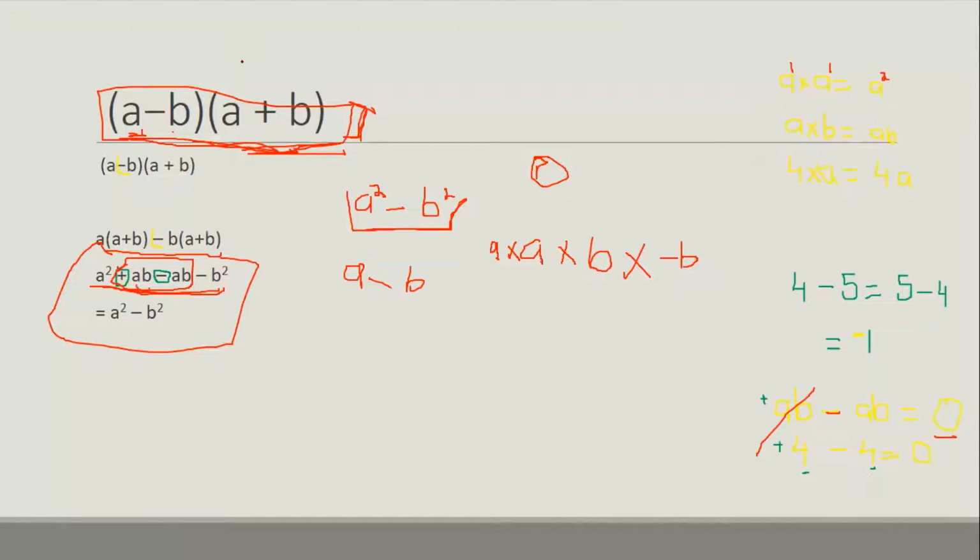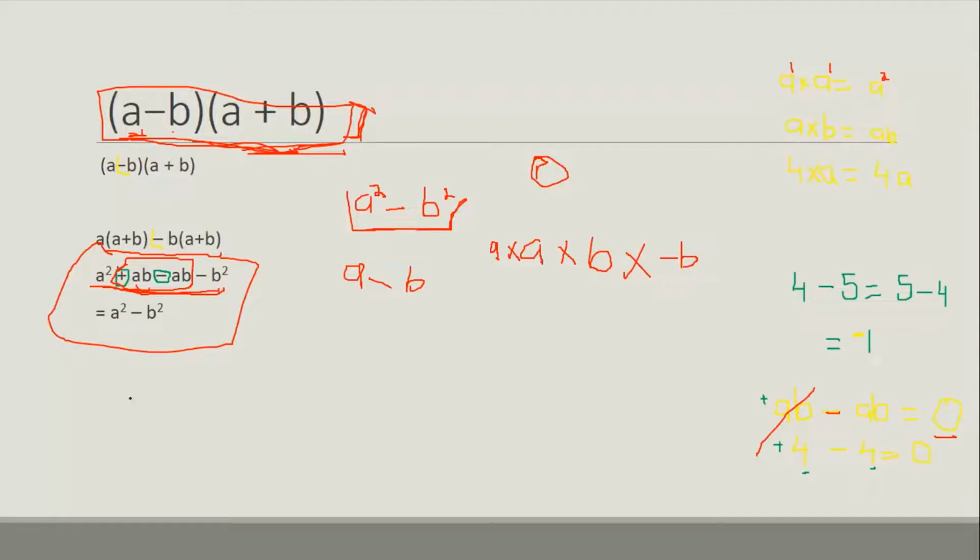I just want to communicate to everyone who is here that this is one of the 3 identities that we have. Blessed has actually shown that when you multiply those 2 brackets, you come up with this. It's one of the identities which we call a difference of two squares, because we have a squared minus b squared.